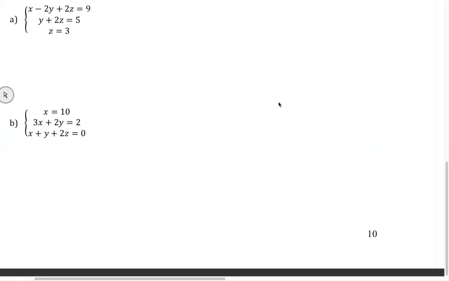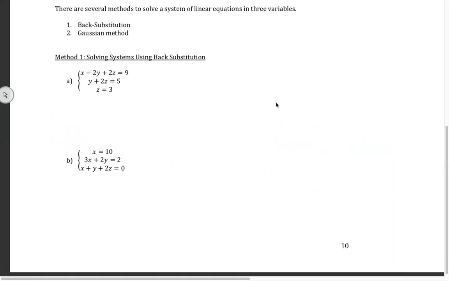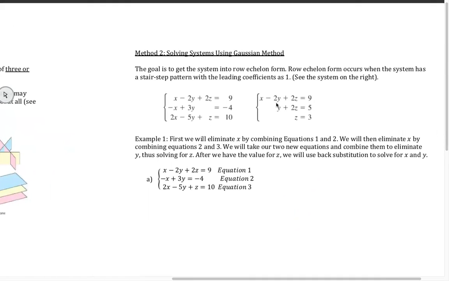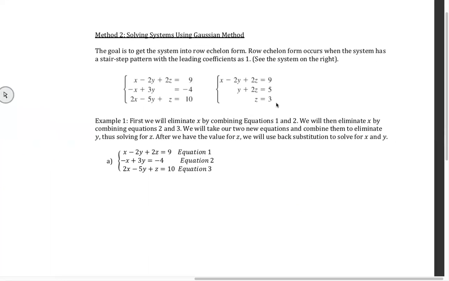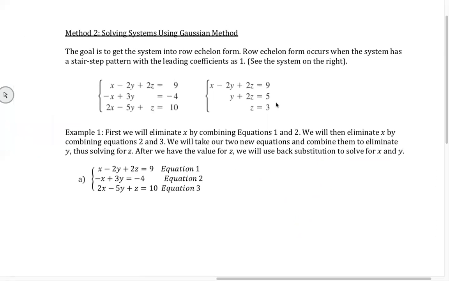Now, there is another type called the Gaussian method. We talked about Gaussian elimination. And this is a pretty difficult concept, much more difficult. So what I need you to do is just watch as I go through it and attempt to relearn.